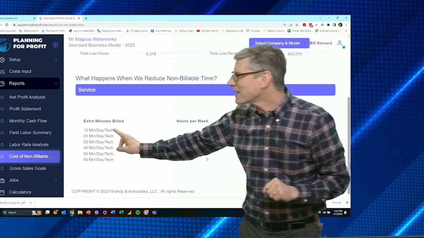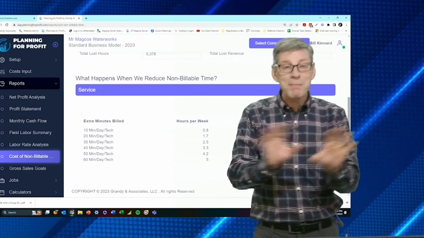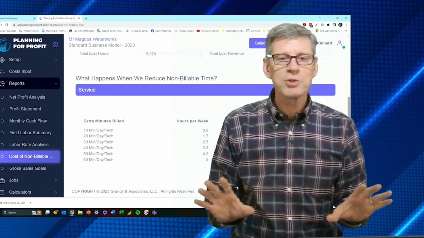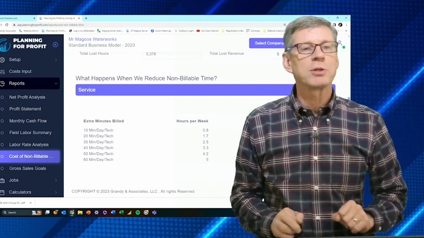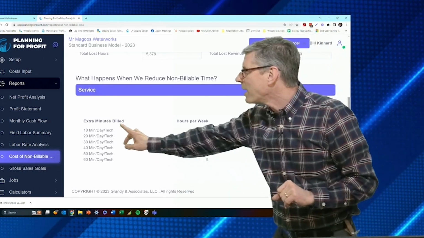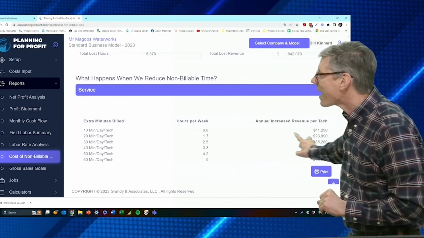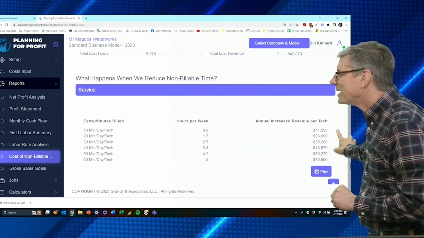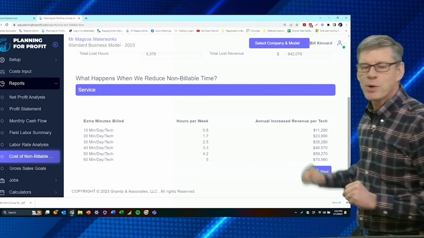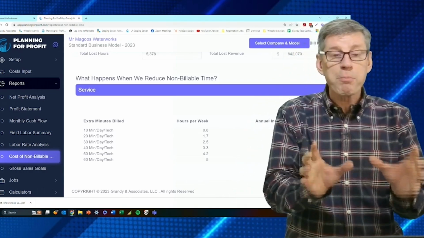Think about it. If I could get 10 minutes a day of increased productivity out of each of our guys, we're not talking about changing the world. Getting them out of the shop just a little bit earlier in the morning, that's it. So 10 minutes earlier each day is 0.8 hours a week. Times our revenue per billable hour, that means that we will bring in another $11,290 in pure profit.